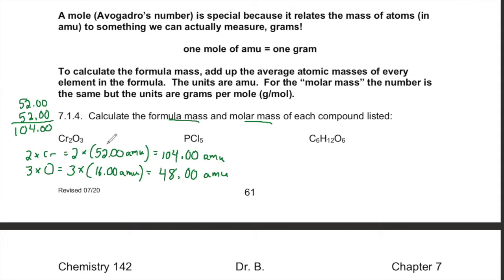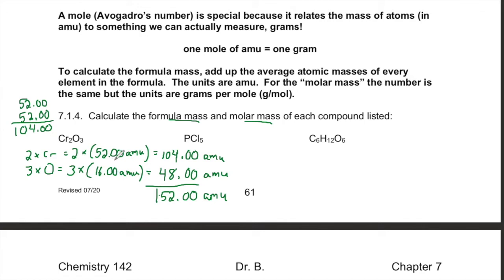Okay, so if we have 2 chromium and each chromium is 52 AMU, then our total mass of chromium is 104 AMU, and then our total mass of oxygen, 3 times 16 AMUs, we get 48 AMUs. And then we can add this up, and we have 152 AMUs.